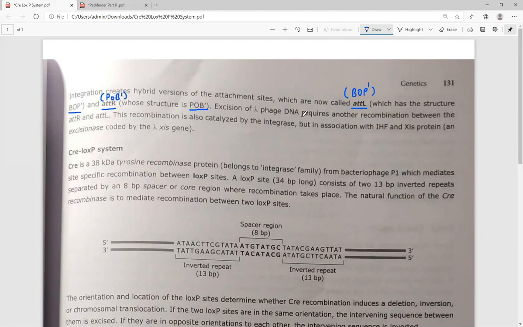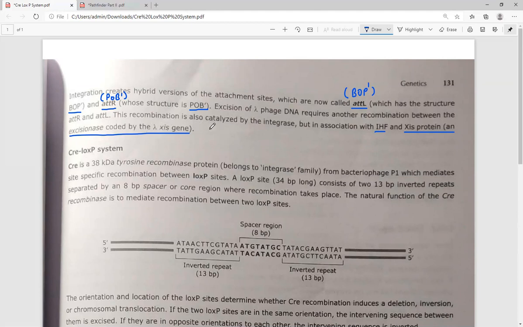Excision of the lambda phage requires another recombination between attR and attL, and then excision will be caused in association with the integration host factor and the Xis protein. Xis protein refers to the excisionase protein that is found in the case of the bacterial cell.